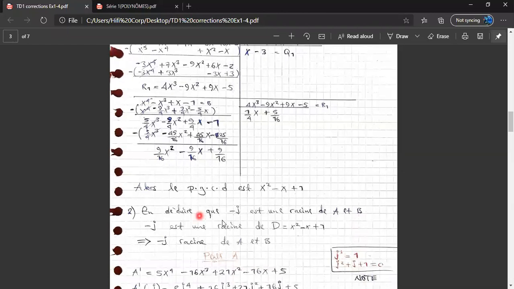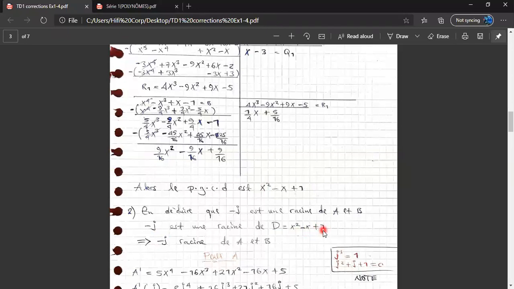So on deduit que negative j est une racine de A et B. Negative j est une racine de D, which is equal to x squared minus x plus 1. So first of all, we are going to write this sentence. We know that this is the PGCD which we found. So we know that negative j est une racine de D, which is x squared minus x plus 1.